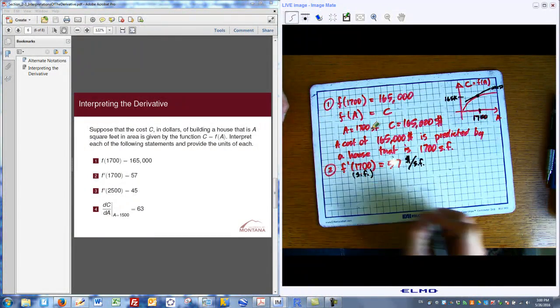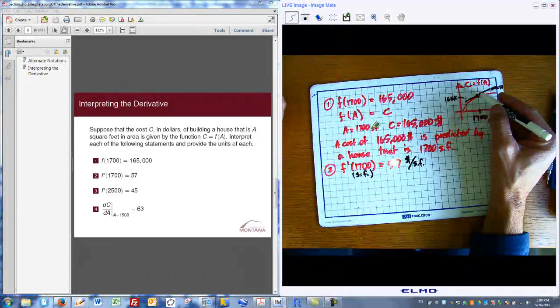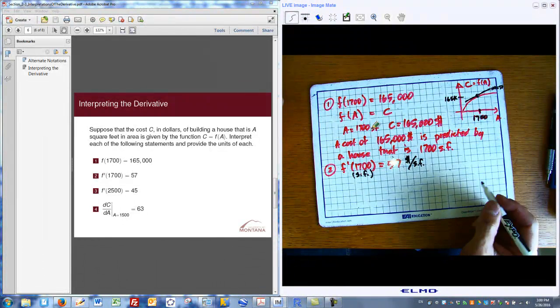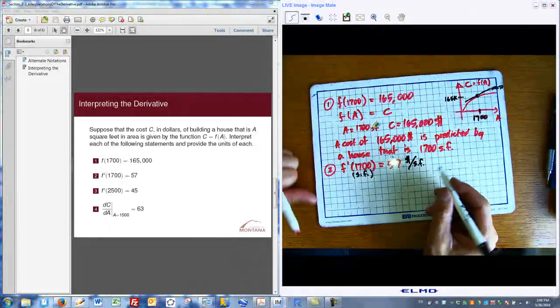So what do we got going on here? How do we interpret it? I guess what we would say is that at 1,700, the change per unit square foot is about $57 per square foot. So this is the idea here.